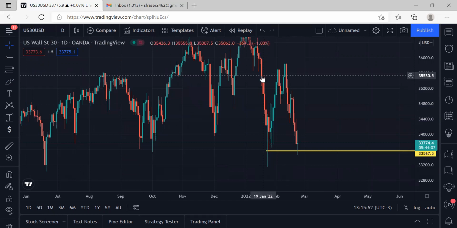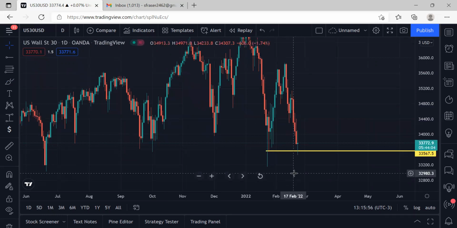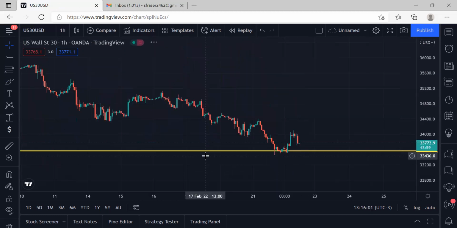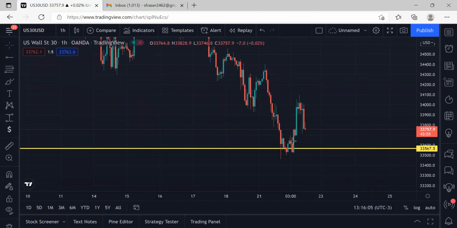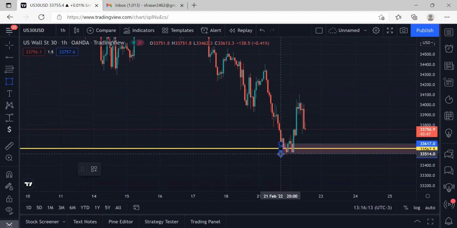See those two wicks? Remove that area right there. And I knew that when price got down there, it was going to shoot up. So I was going to get the move that I was looking for. I told you, I had an easy 3-to-1 trade right here.